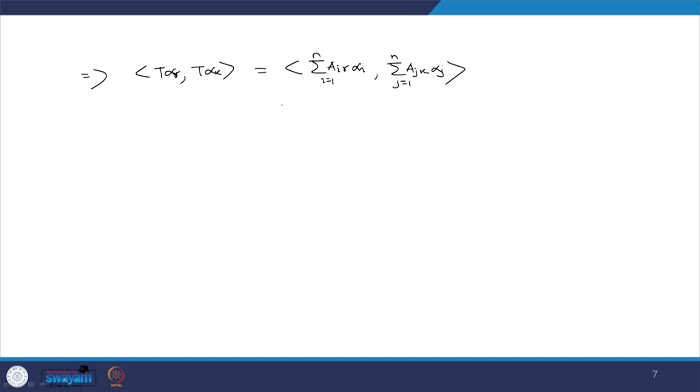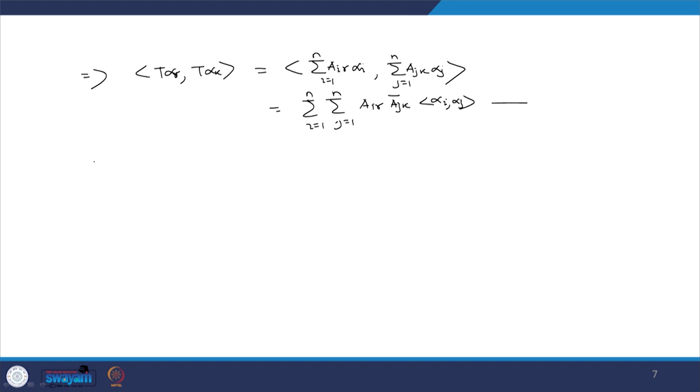Simplified, we get the sum over i equal to 1 to n, j equal to 1 to n of A i r into A j k bar and the inner product of alpha i and alpha j. So, we have this.